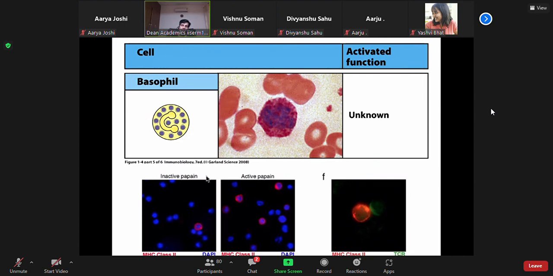So for example, this inactive papain is nothing but the antigen that was used.